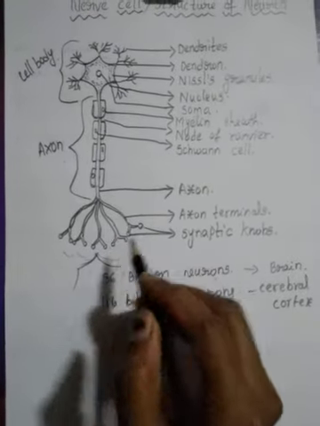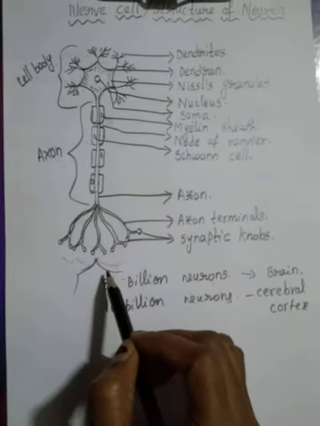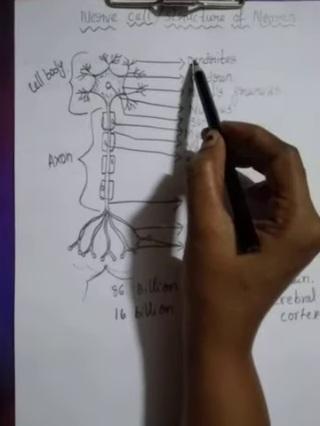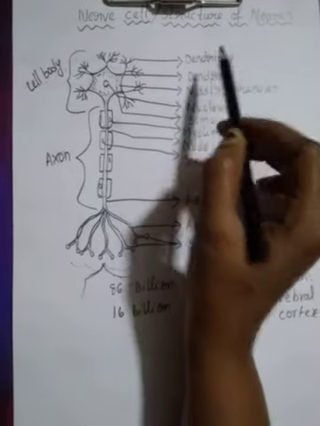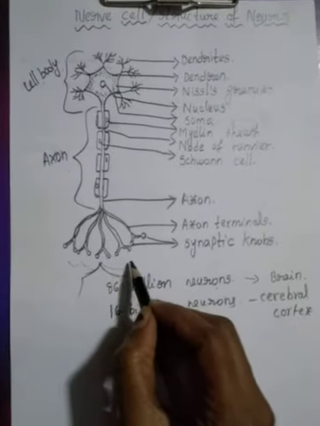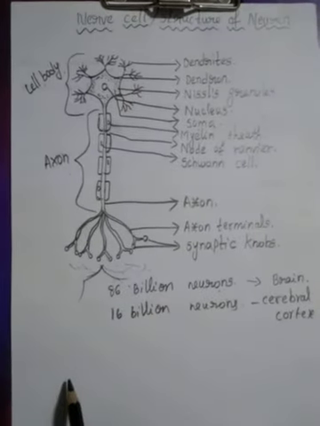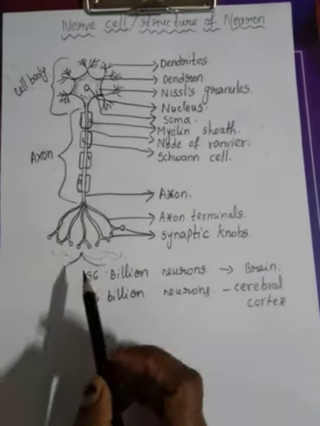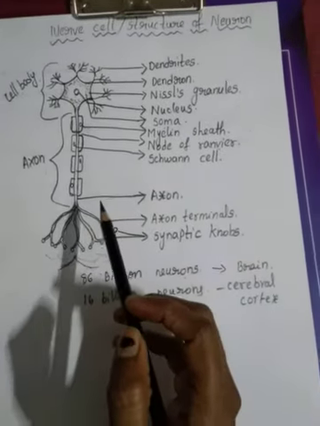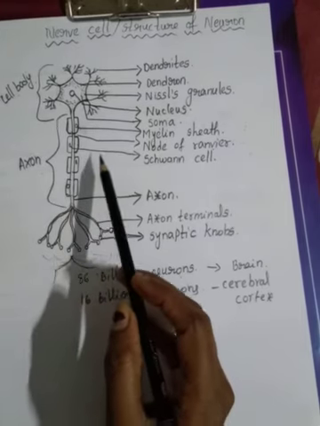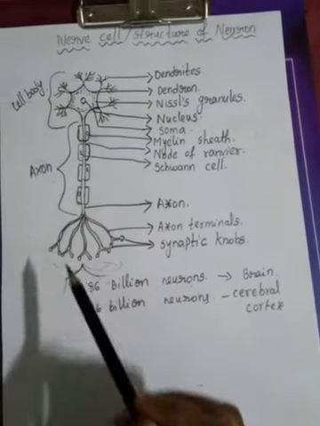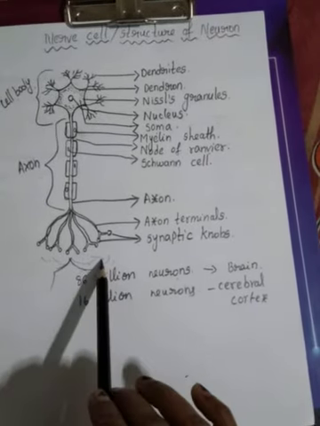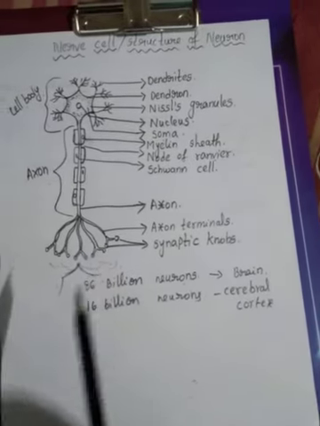The gap between the synaptic knobs and the next neuron's dendrites is called the synapse. Neurons are connected to one another, but they do not actually touch each other. This gap is called the synapse.